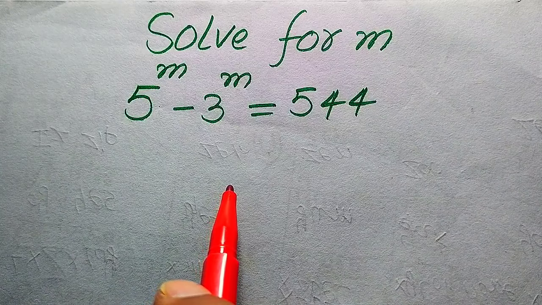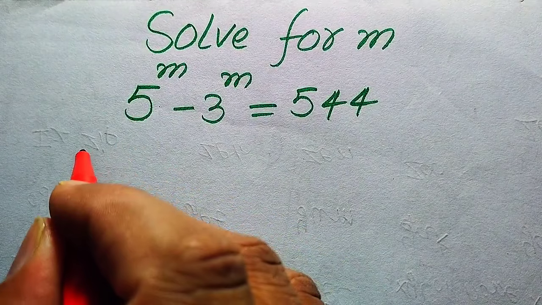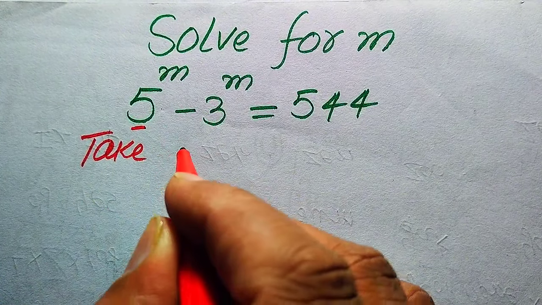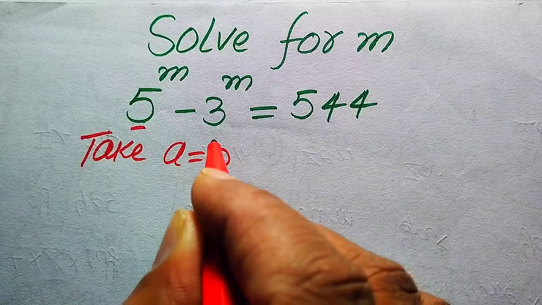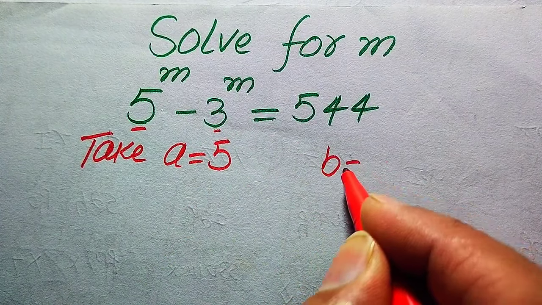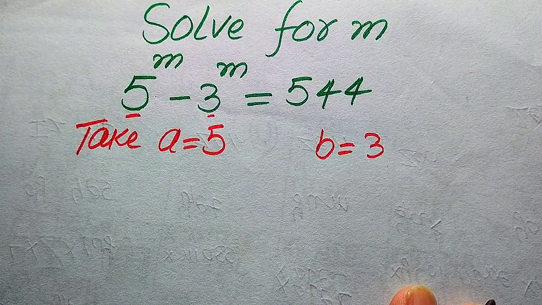And now we move toward the solution of this problem. In this question we will take the base of this term equal to a, that is a equals 5, and the base of this term equal to b, so b equals 3.